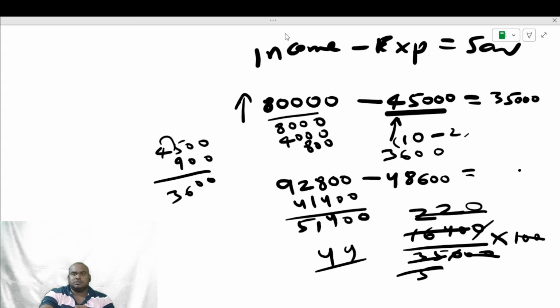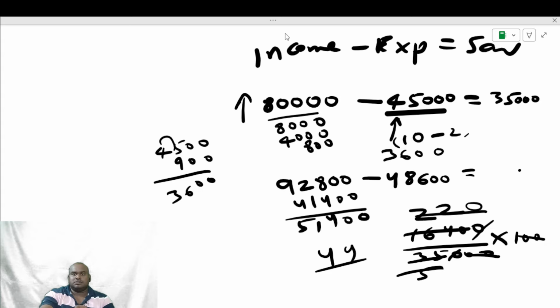Now we subtract: 12 minus 8, 4, 8, 44,200. So from 35,000 to 44,200, the increase is 9,200. 9,200 divided by 35,000. Then we have to compare it with the initial number.